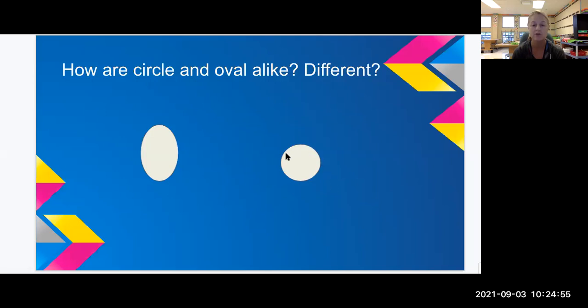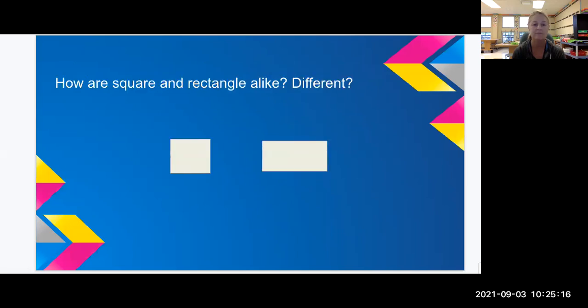The circle also has no corners, no straight lines, and has curves at the top and the bottom. How they're different is this one is elongated. It's almost like they took the circle and pinched it on this side and pinched it on this side and spread it apart to create that oval look.